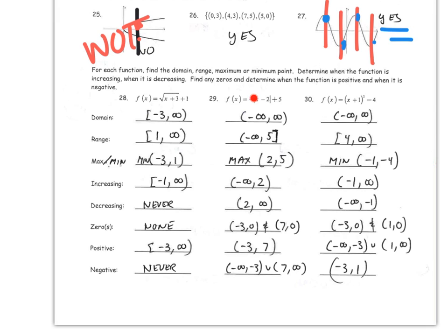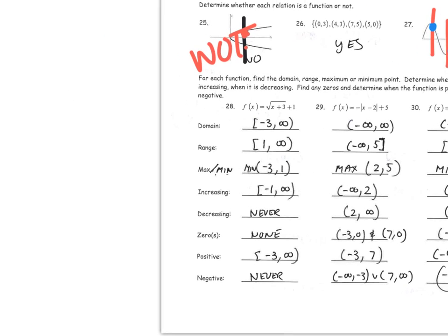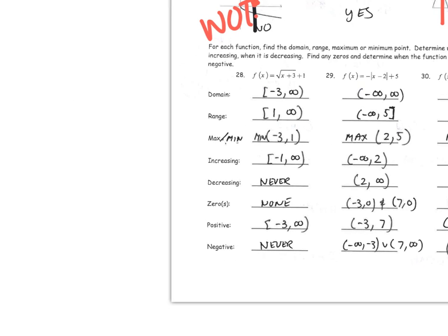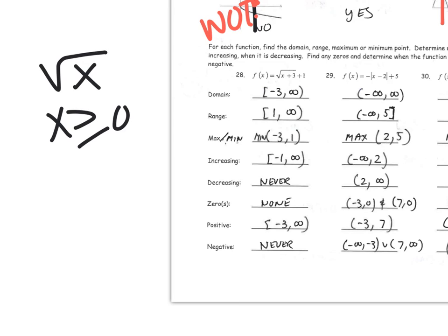We can plug in any x and get a y out. The same thing here. Okay, the only two functions that restrict the domain are square root, where the square root of x must be greater than or equal to 0, and we'll see the other one later. Okay? Well, how do we determine that?